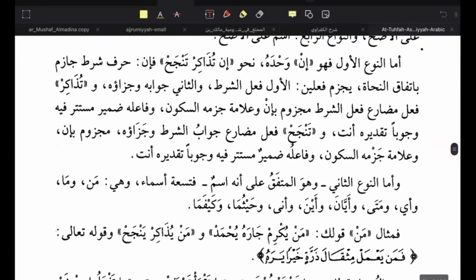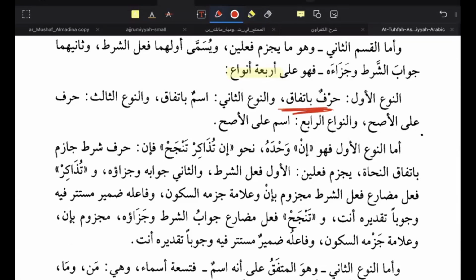He divided all of this. I don't want to go into this distinction, but what he's basically saying is that he will further divide them into four categories. For example, here it says arba'at anwa'. And how did he get four? One is harf by agreement, which is in. Harfun bittifaq.